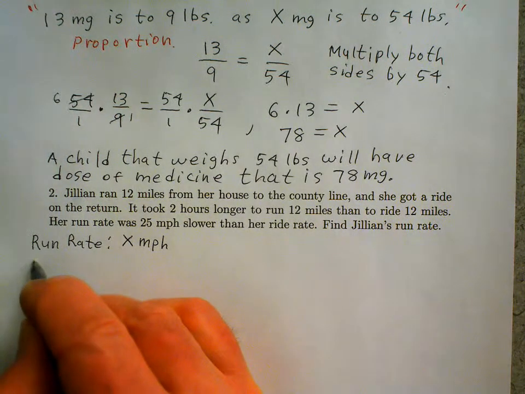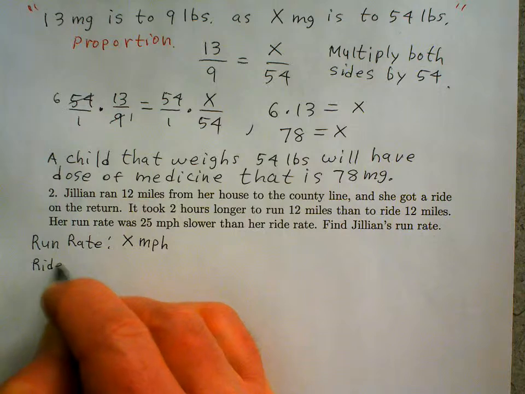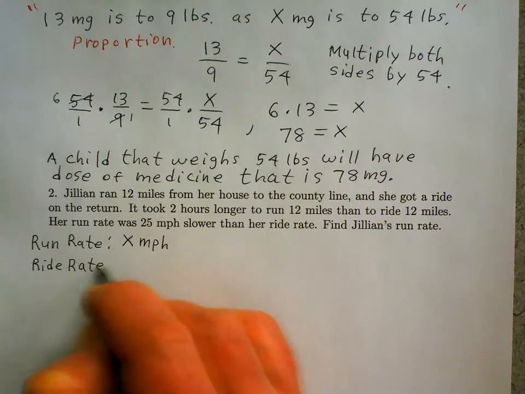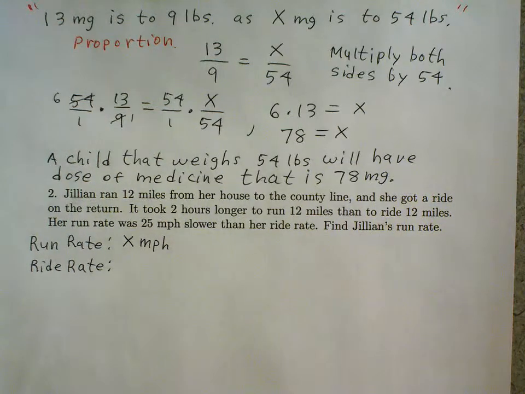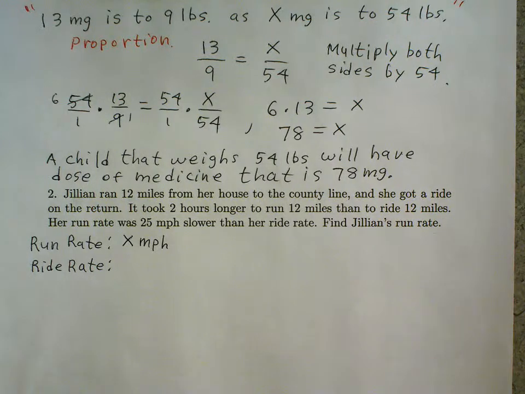And then the ride rate, how do we represent the ride rate? X minus 2? The rates are measured in miles per hour.